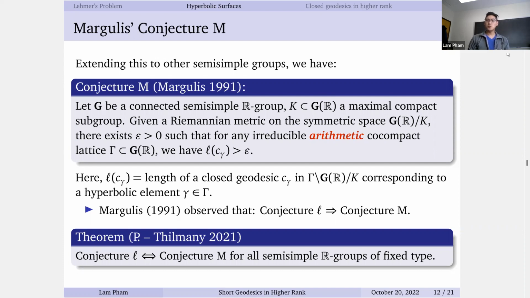It means that if you fix the type of your group, A, B, C, D, E, F, or G, then if Margulis' conjecture holds for all the semi-simple real groups of a fixed type, then the weak Lehmer conjecture does hold. So to go from the weak Lehmer conjecture to Margulis' conjecture, you need to use the Margulis arithmeticity theorem.